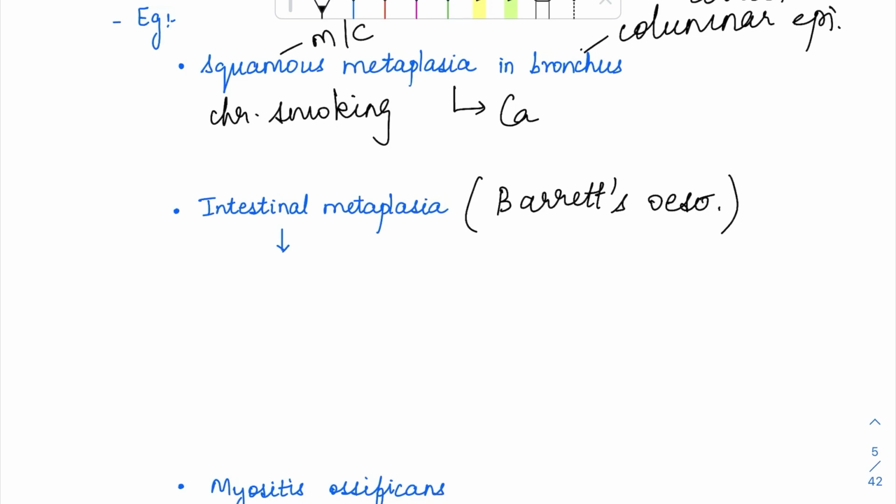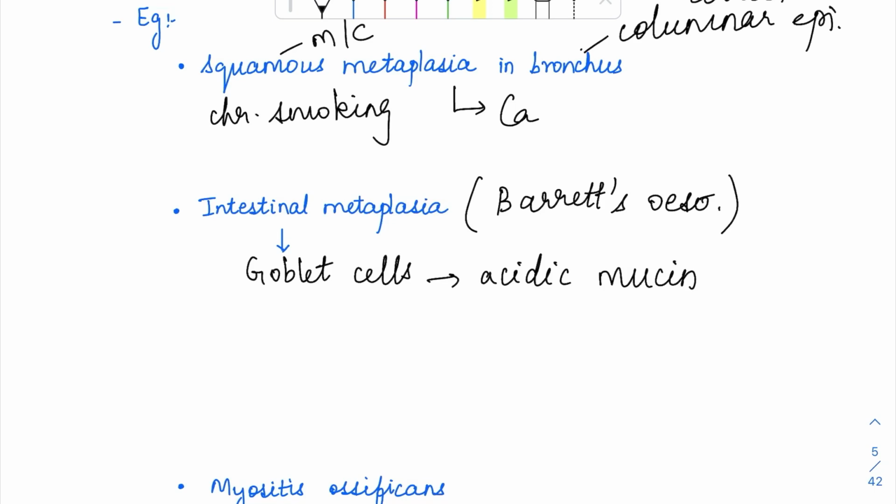Intestinal lining, we all know, has columnar lining, but along with the presence of goblet cells. Goblet cells usually produce mucin, and this mucin can counteract the acid irritation produced by GERD. So, goblet cells will produce acidic mucin, and this is going to be protective for the lower end of the esophagus, but it comes with a cost.